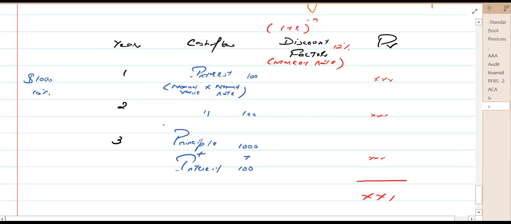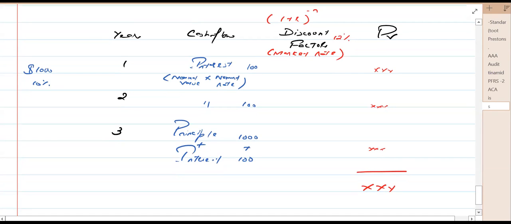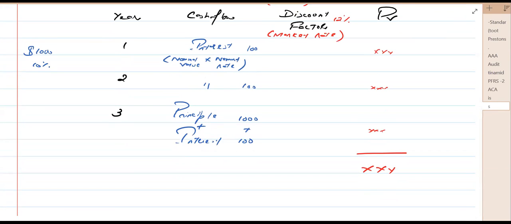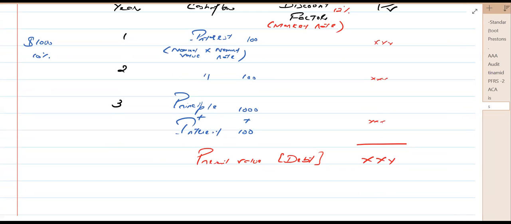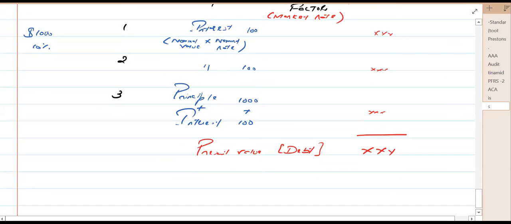So this is the total value that we get, and this is known as the present value. This is the debt portion, the present value of the debt portion. Then you compare it with the nominal value of the convertible.